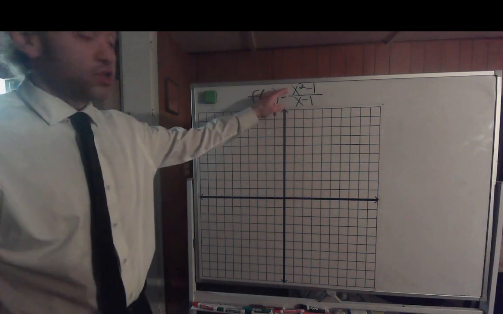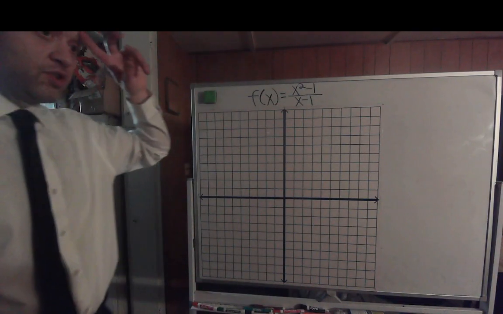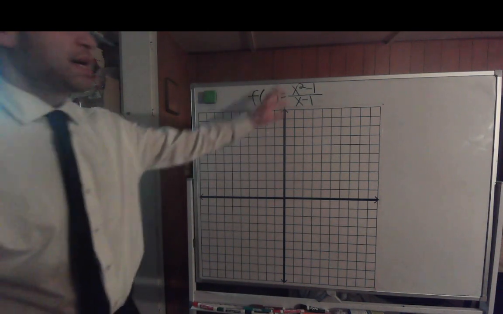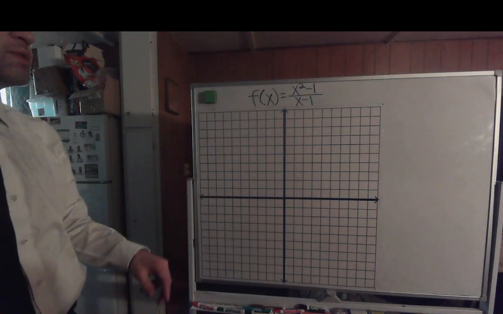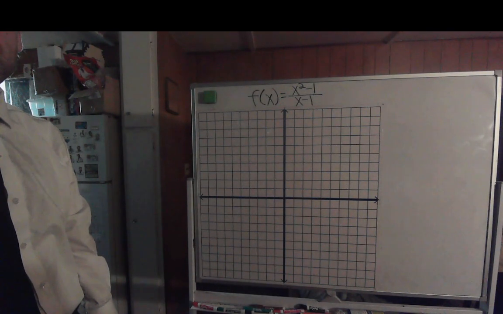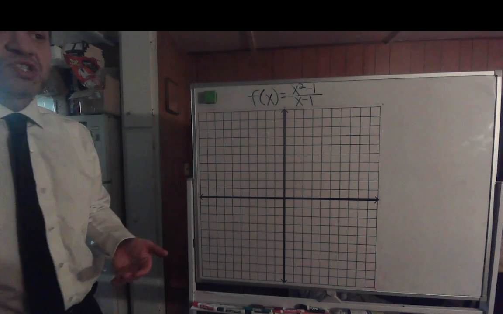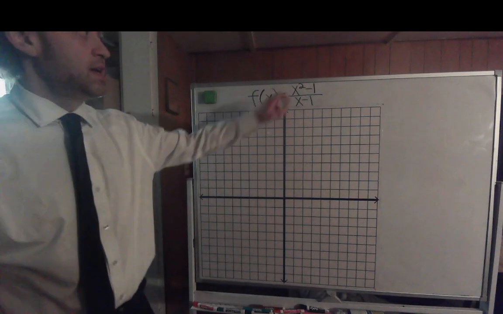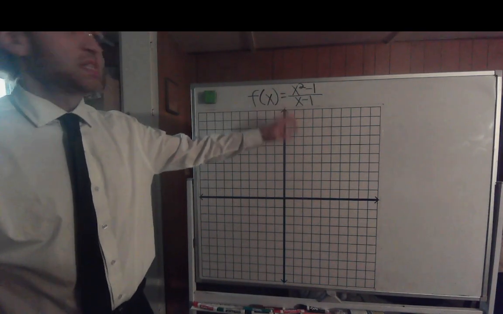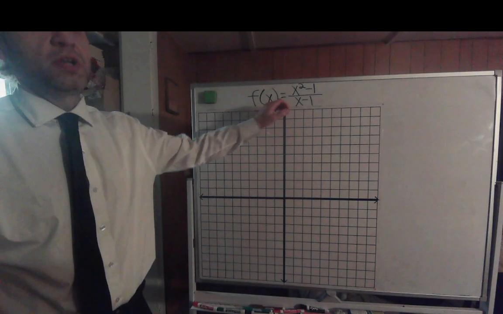Well, it's true the degree of the numerator is greater than the degree of the denominator, and it's by exactly 1 degree. It looks like, okay, let's go for a slant asymptote. Well, but a lot of you, and rightfully so, are screaming, wait a second. X minus 1 divides perfectly into x squared minus 1. You're right.